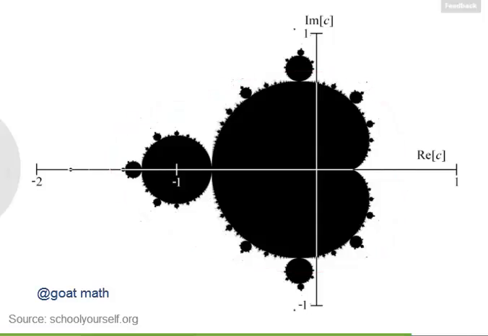But notice also that the set is plotted on the complex plane, with real and imaginary axes. All the complex numbers shaded black in this image, like 0 plus 0i, negative 1 plus 0i, and negative 1/3 plus 1/3 i, they're all part of the Mandelbrot set, which you can learn about in a later lesson.